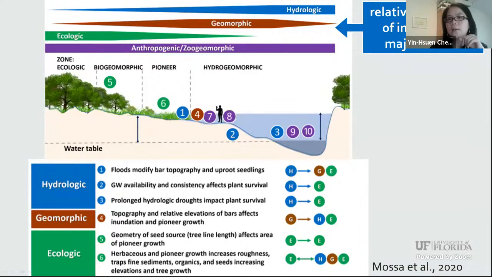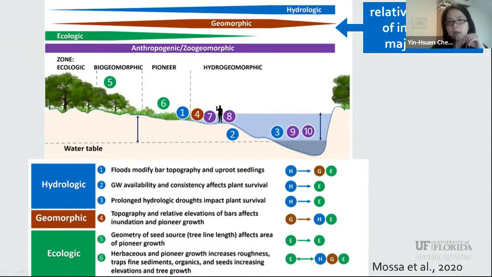On the top of the graphic, you can see how the different factors have a larger or smaller influence in different locations of the point bars. For example, the brown color for the geomorphic factor basically has the most influence on the sandbar surface.